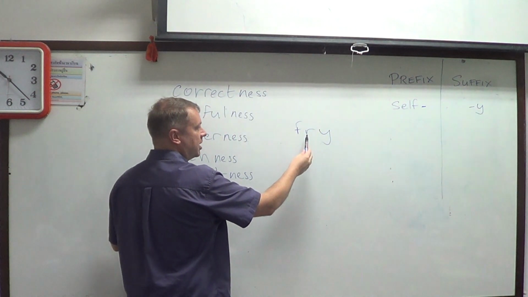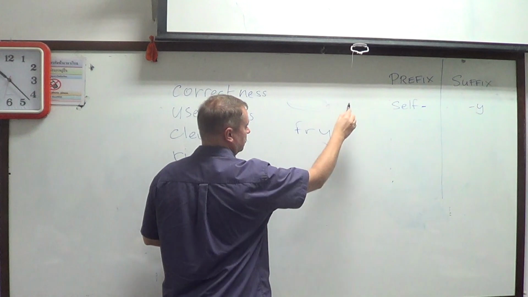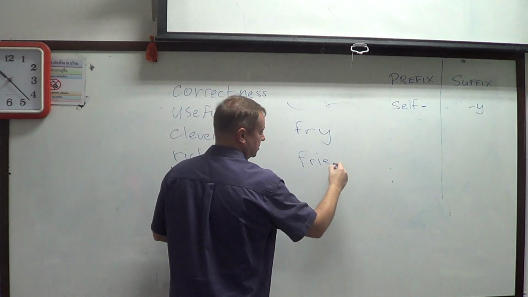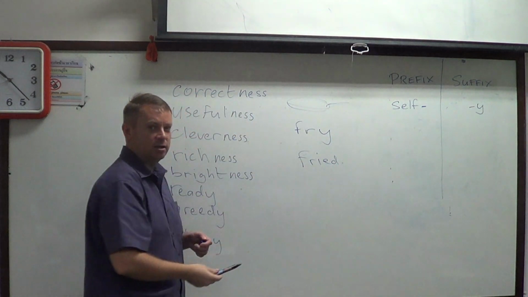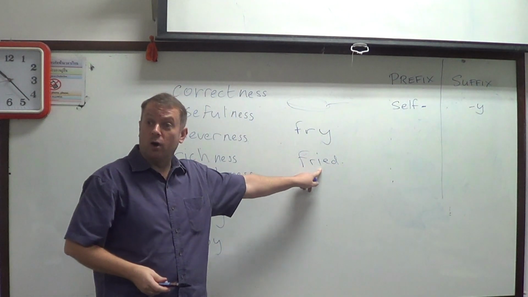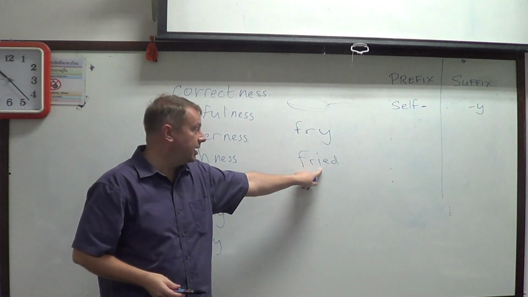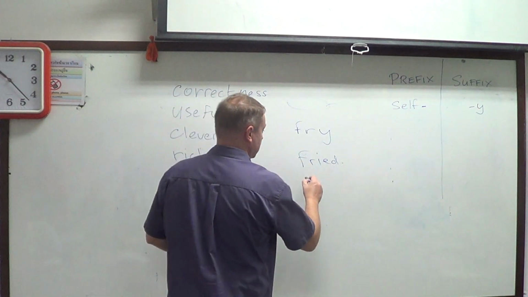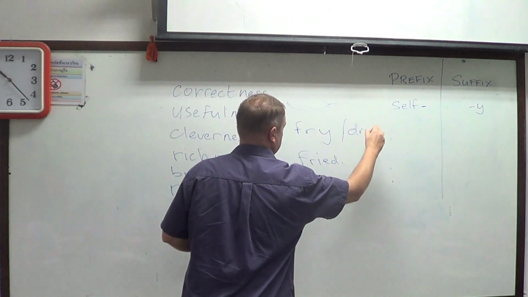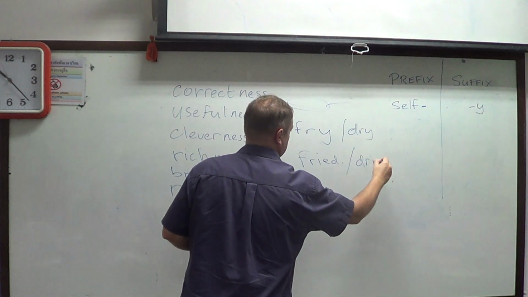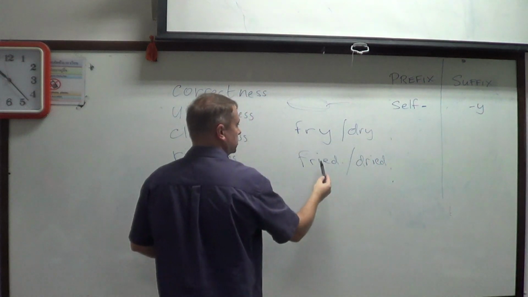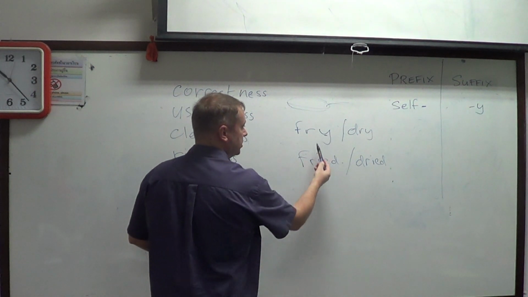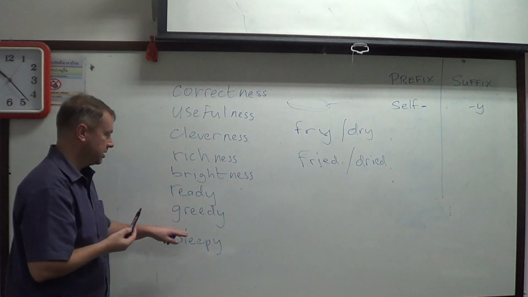So the verb fry, for example, in a frying pan, when we make it past, we turn the Y into an I. I don't know why, but we don't like having Y in the middle of a word. Same with dry. In the middle of a word, the Y becomes I. At the end of a word it's okay.